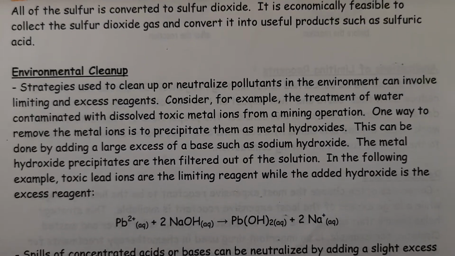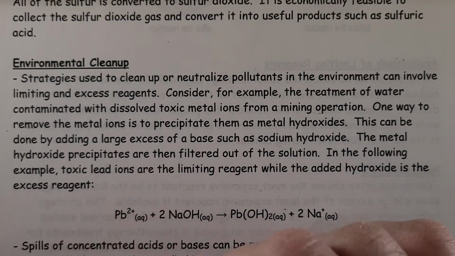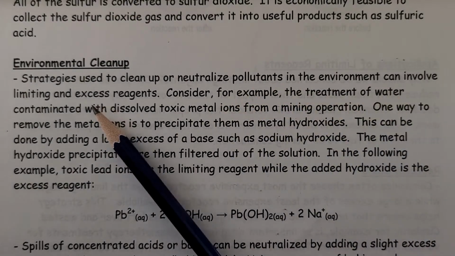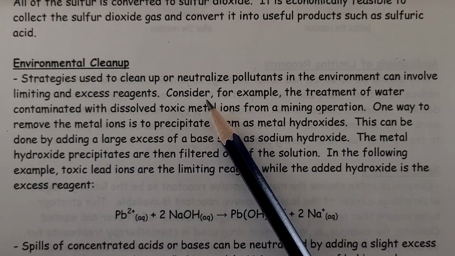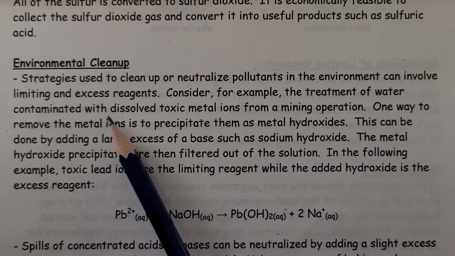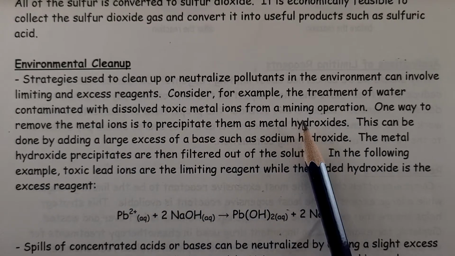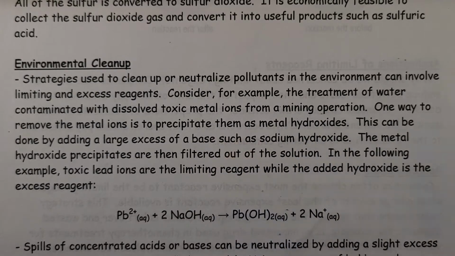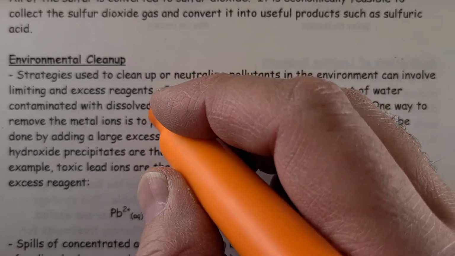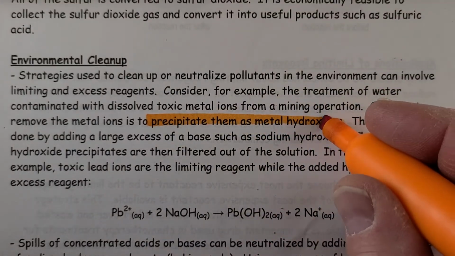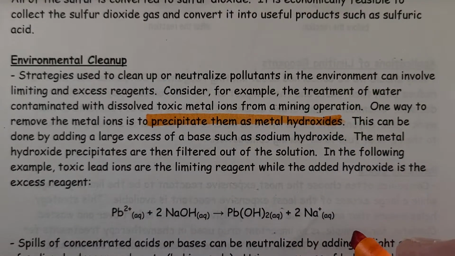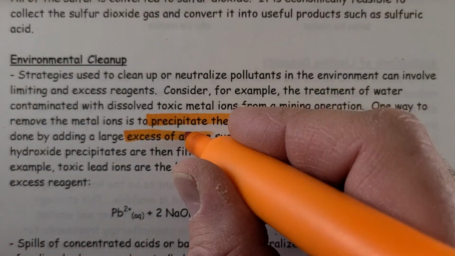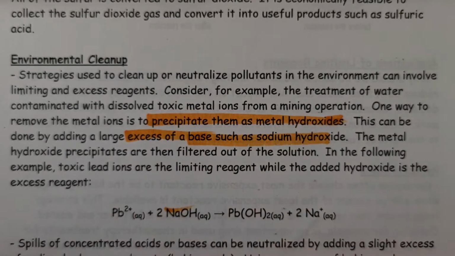Environmental cleanup is also a reason why we care about limiting reagents. Strategies used to clean up or neutralize pollutants in the environment can involve limiting and excess reagents. So consider, for example, the treatment of water contaminated with toxic metals, like we've talked about before. One way to remove metal ions is to precipitate them as metal hydroxides. We talked about that back in the single replacement and double replacement area. This can be done by adding excess base, such as sodium hydroxide.